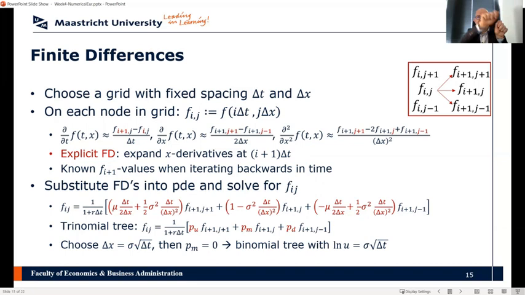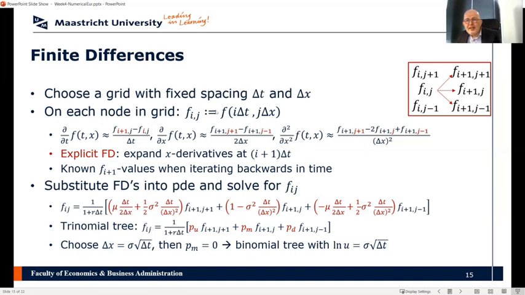So I have this kind of square grid or this matrix of values. And there, on each node on the grid, I'm going to keep track of a function value f_ij on this discrete node in the grid ij. And of course, this corresponds to the function value with argument i times delta t and j times delta x.